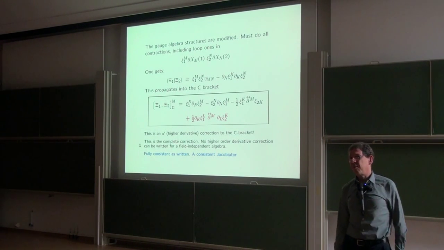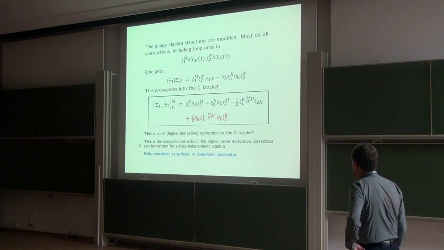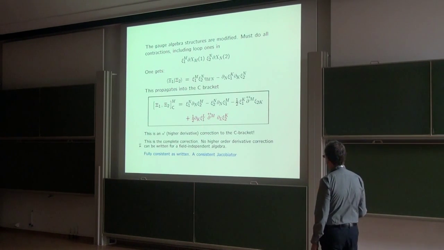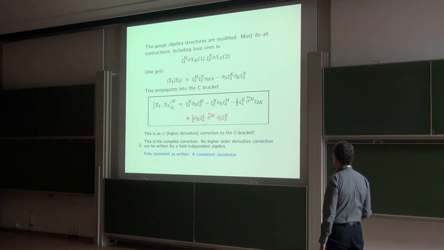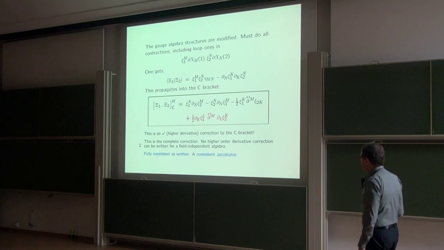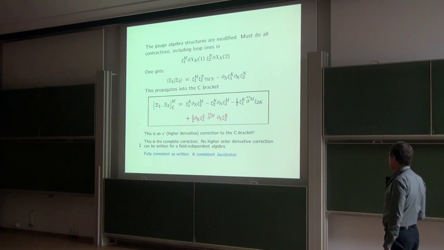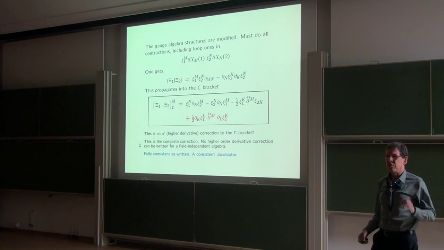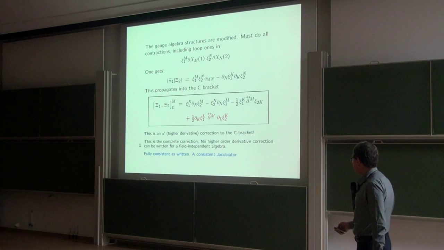It's a unique term that you can have in this bracket, and no other term can be written that is consistent with the structure of the theory. So this is a pretty nice thing because you've deformed the C bracket non-trivially by adding a higher derivative correction, and it's the only thing you can do.